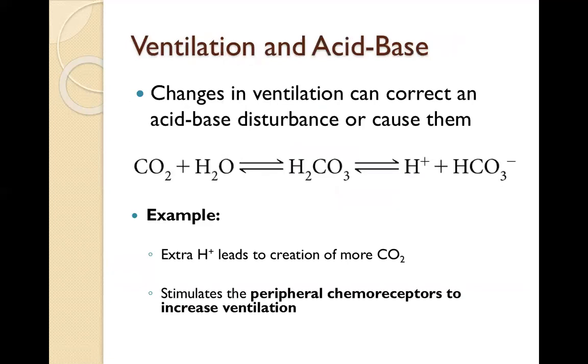And that brings us to our second concept within acids and bases. It's still a fast response, but it's slower than the buffer system. The ventilation response, in terms of acid-base regulation. So we can have changes in ventilation that can help correct an acid-base disturbance. We can also have changes in our ventilation that can cause an acid-base disturbance. But let's assume, for example, that we have extra hydrogen ions.